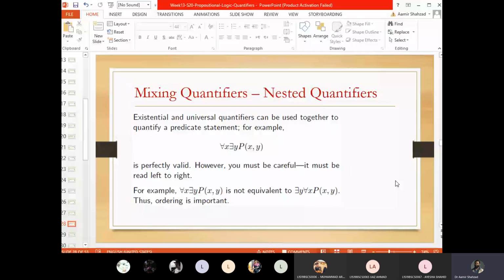Before looking at some examples, just be careful कि जब आप mathematical expression define करते हैं, you have to be careful कि आप quantifiers का order किस तरह रख रहे हैं. For all X there exists Y होगा या there exists Y for all X होगा.